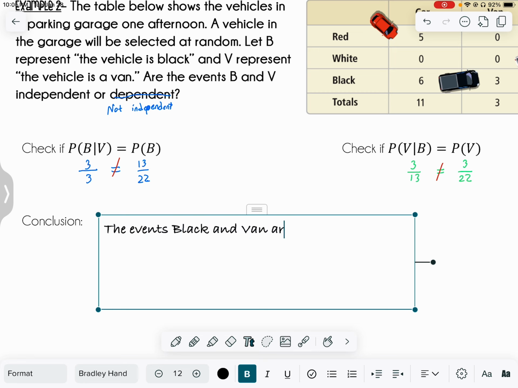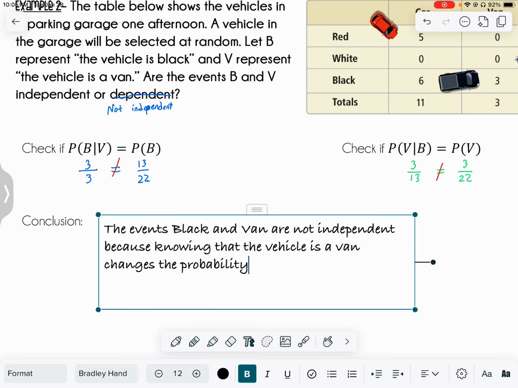Black and van are not independent, because knowing that a vehicle is a van changes the probability of it being black. We only want to check one, but in order to prove that two things are independent, both would have to be true.